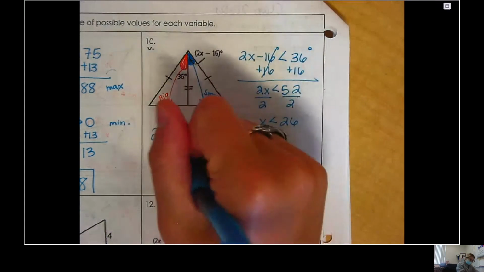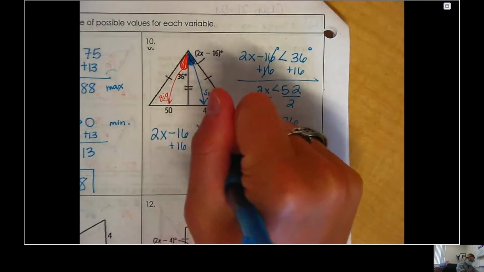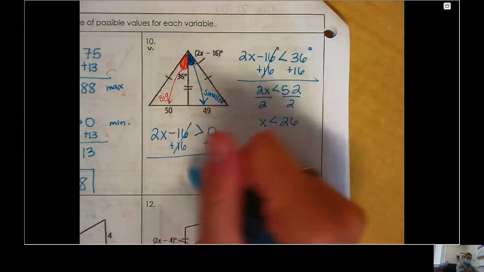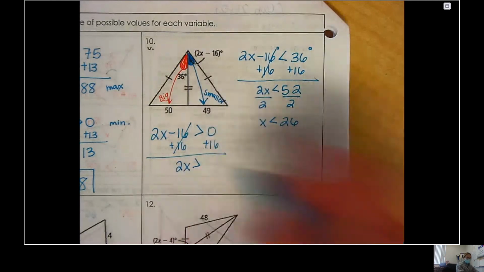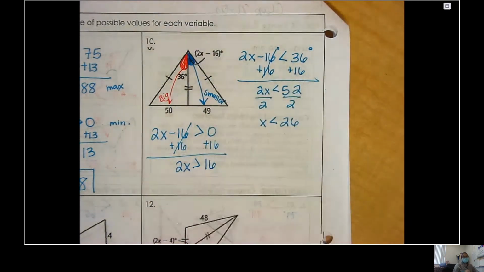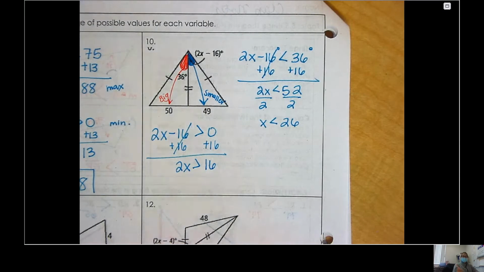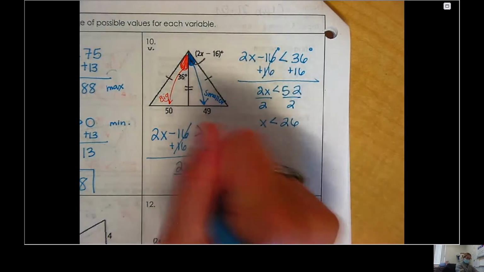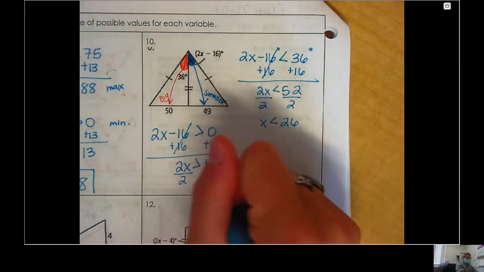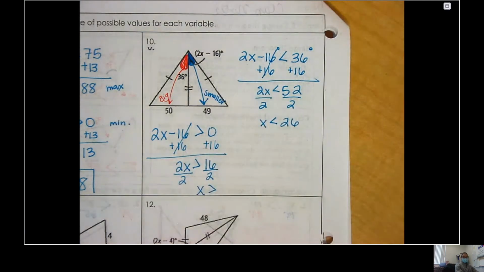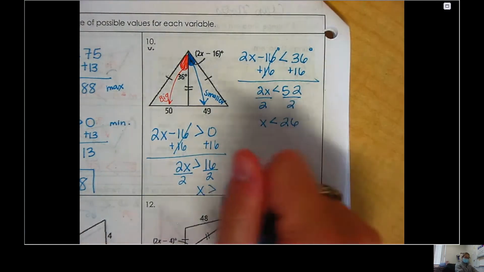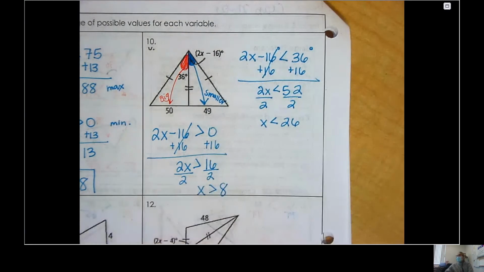Add 16. I get 2x is greater than 16. And then what's my last step? Divide by 2. So my x has to be bigger than what? 8. So my x value has to be bigger than 8, but less than 26.